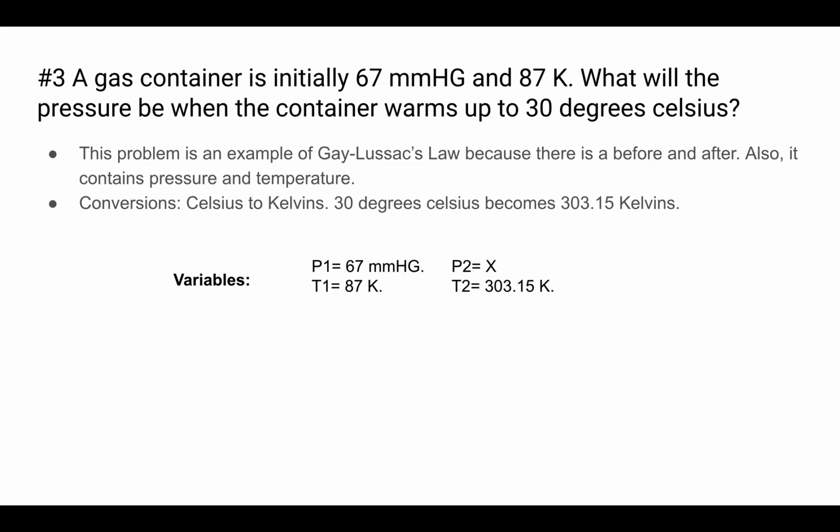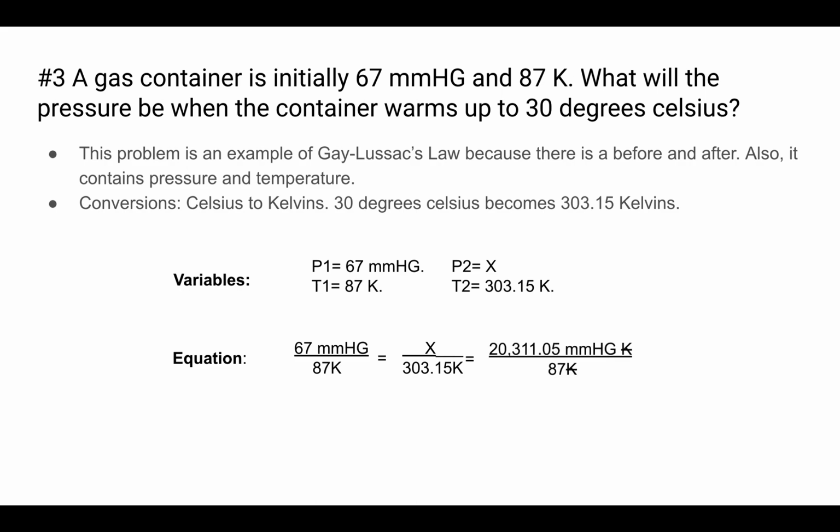And these would be the variables here for the equation, the pressures and the temperatures. And the equation would be 67 millimeters of mercury over 87 kelvins, which equals x, the unknown value of the pressure, over the temperature of 303.15 kelvins.